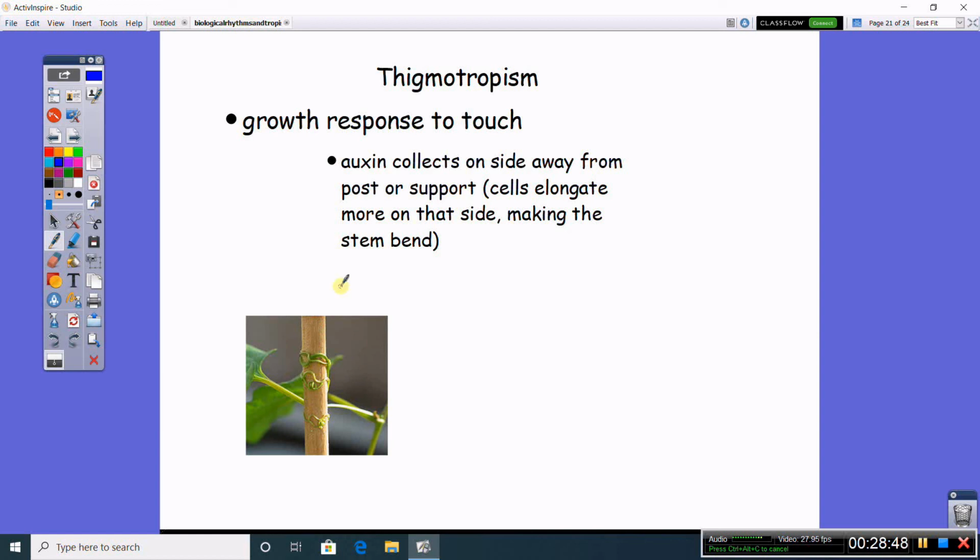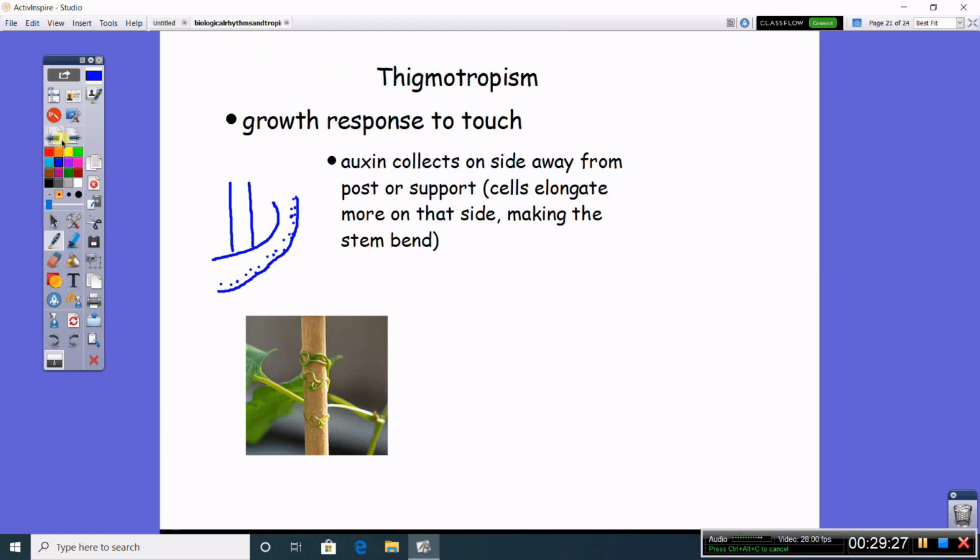And again, if you think about the curve, this is attached to a stem, so the auxin will collect on the side that is away from the post or support, and that will cause more elongation on that side, which will cause it to bend around. Let's say this is the fence post. This is going to cause it to wrap around there. So that is thigmotropism, a growth response to touch.